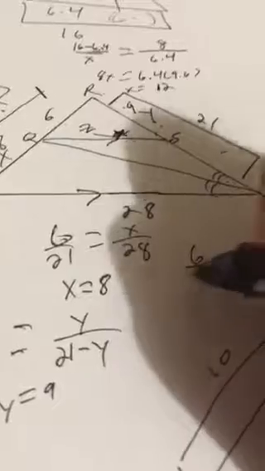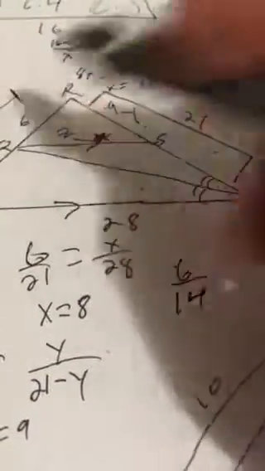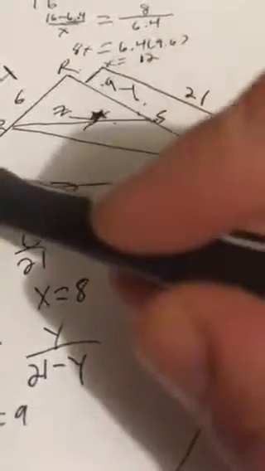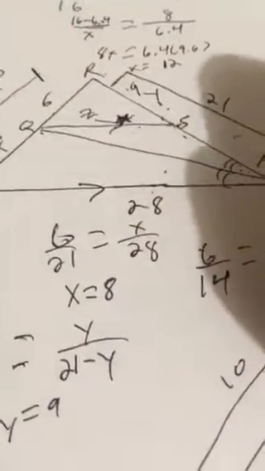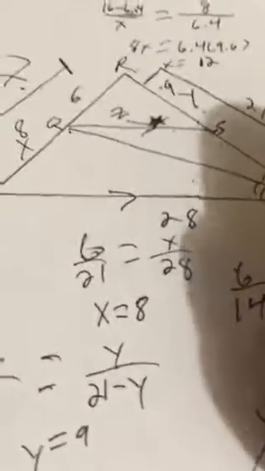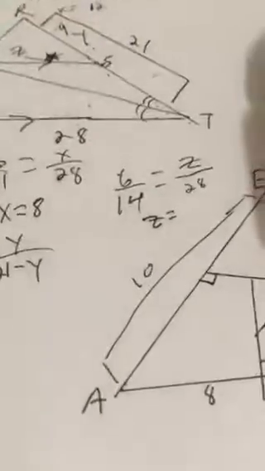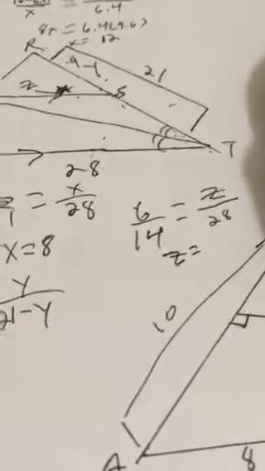So 6 over 14, that entire length right there, my PR, and my RQ over PR has to be equal to my QS over my PT. So my PT is 28, and my QS is my Z.